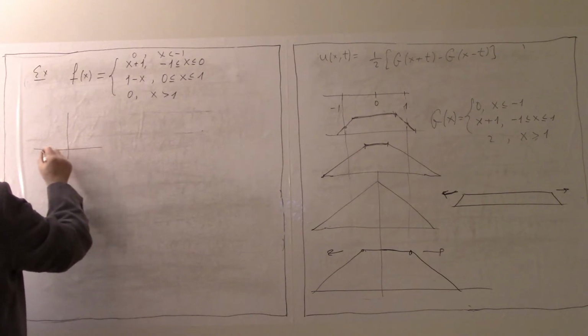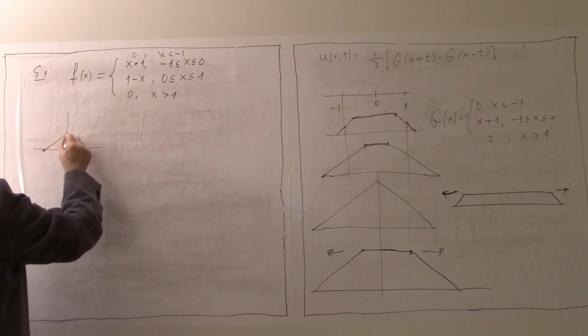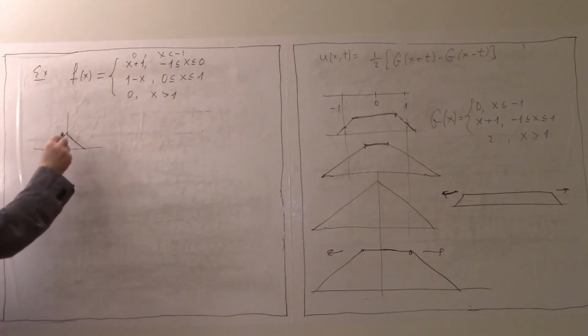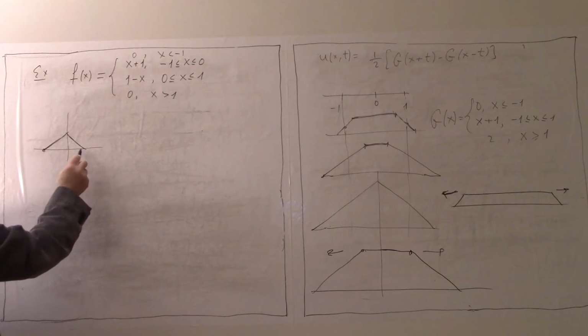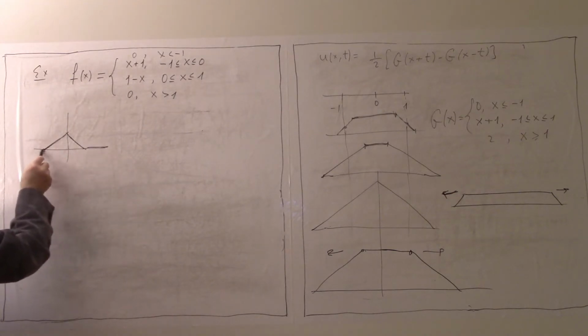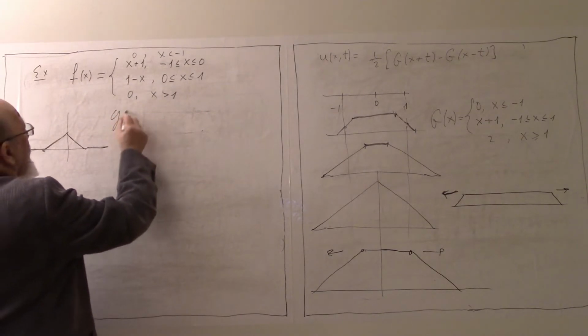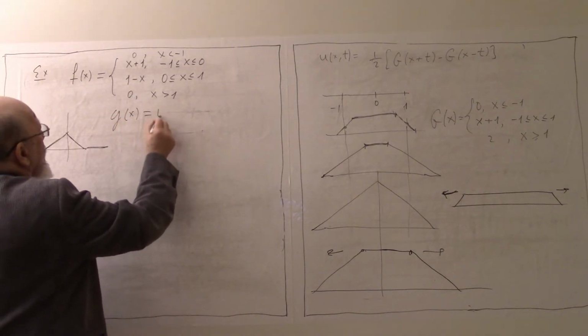So this is this function. Here we have such a cap, and here it is 0. It is f, and g of x equals 0.